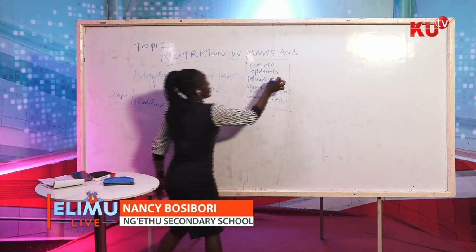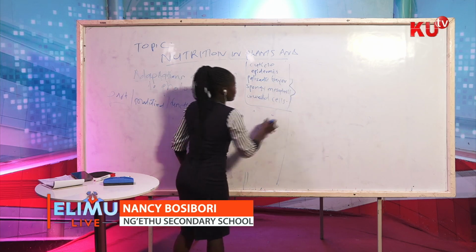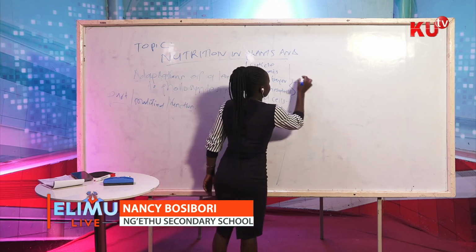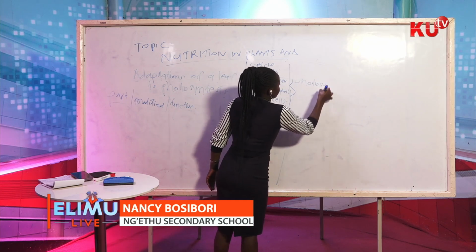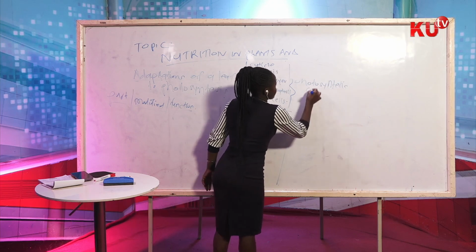And this layer, the palisade layer, the spongy mesophyll and the guard cells, they are the photosynthetic cells.